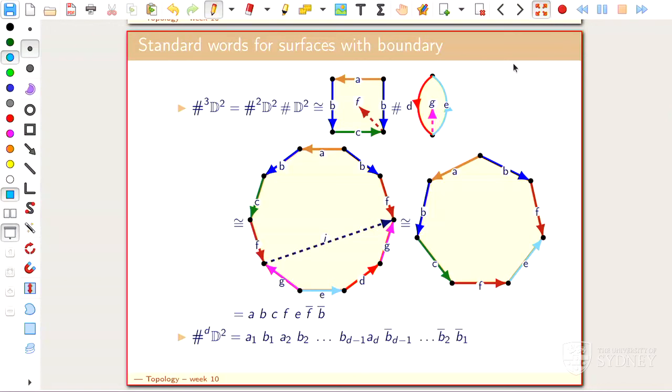You just do this operation recursively. The pattern is A1, B1, A2, B2, up to B(D minus 1), AD, and then you read the B's backwards. The B's are always the edges that I put in to separate.